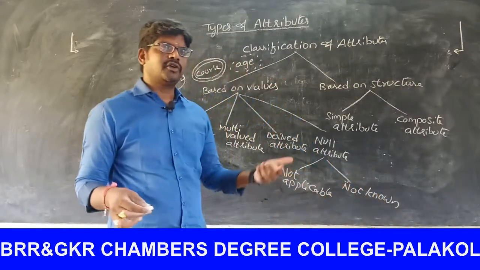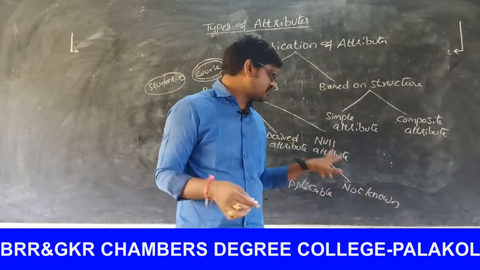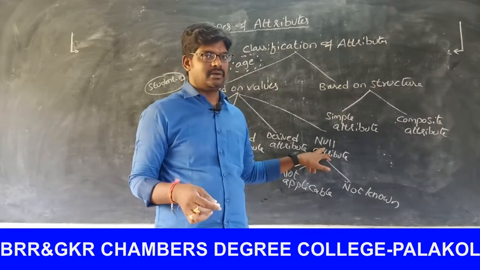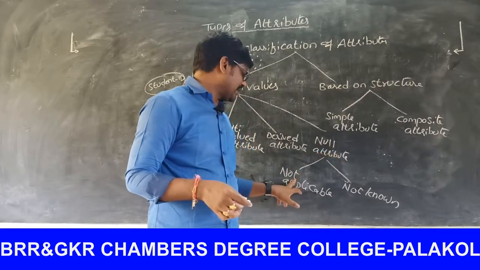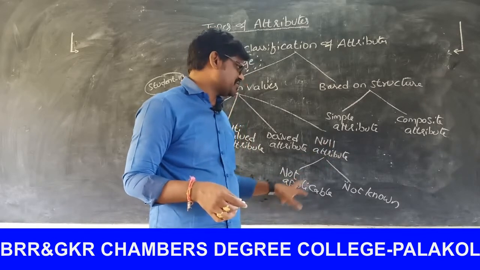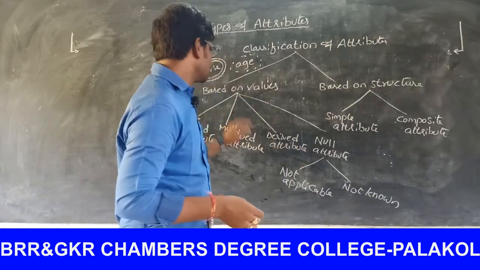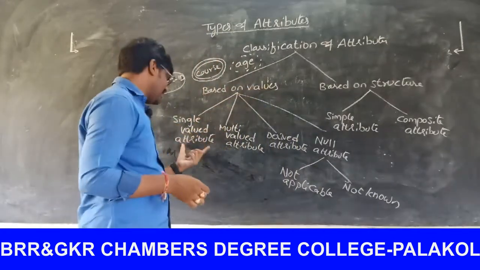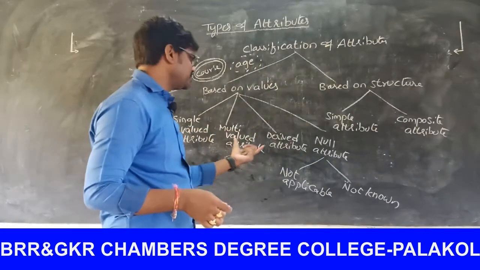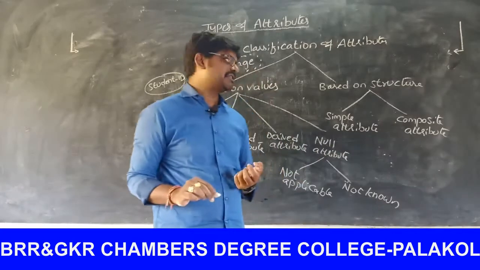If you don't know a person's phone number, we just fill that area using null. So these are all classified based upon the values: single-valued attribute, multi-valued attribute, derived attribute, and the null attribute.